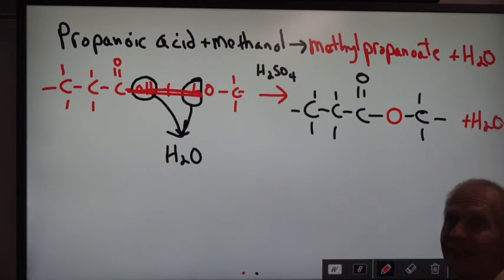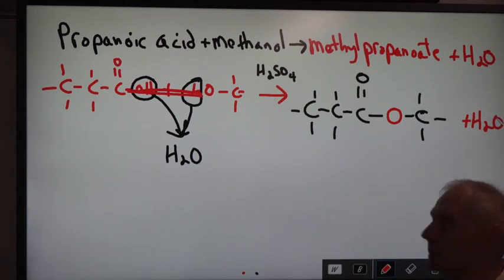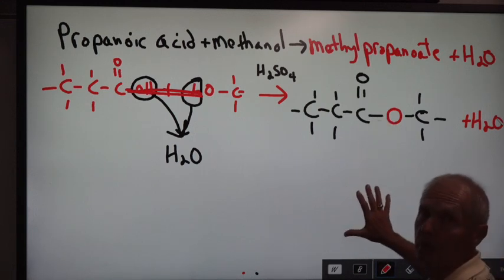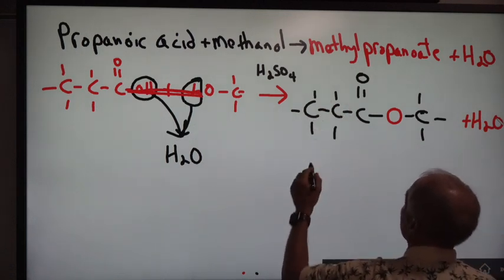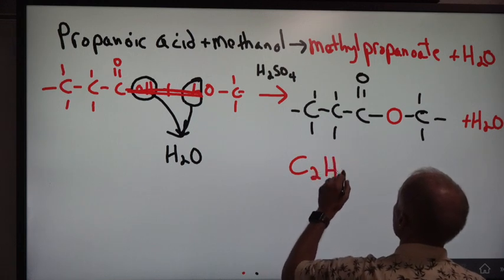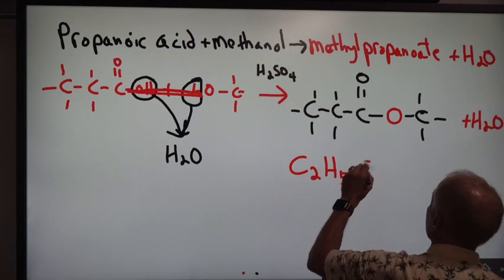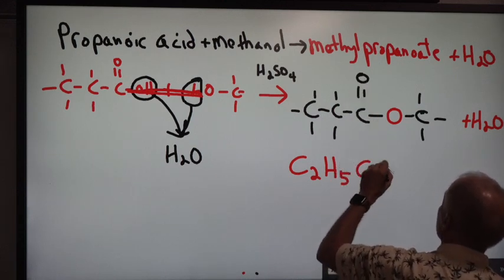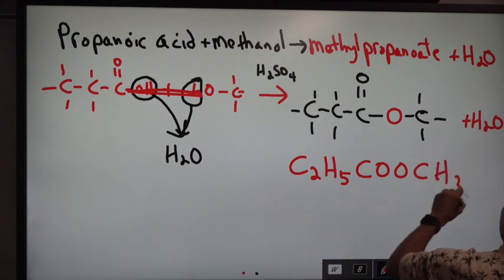Now look at this crazy molecular formula. So the molecular formula I'm going to put right down here. So I can combine those two because nothing's going on there. So I can put down C2H5, that's C2H5, then COOCH3.